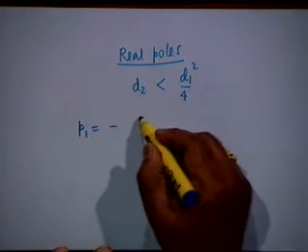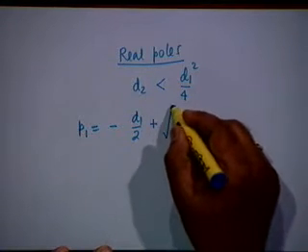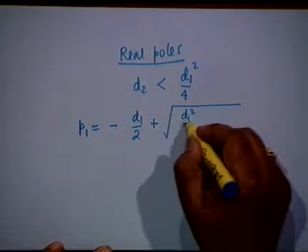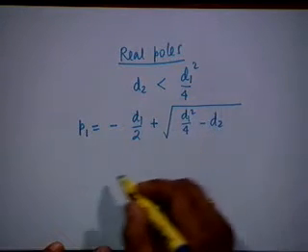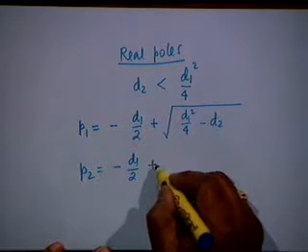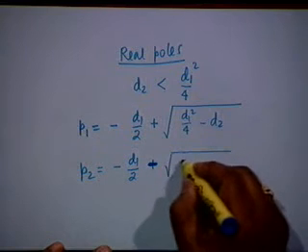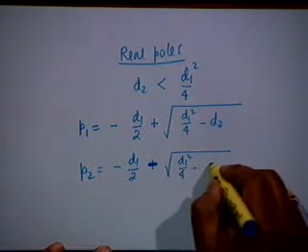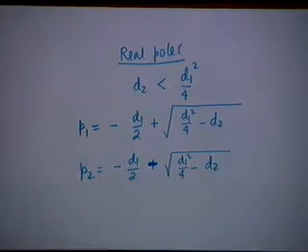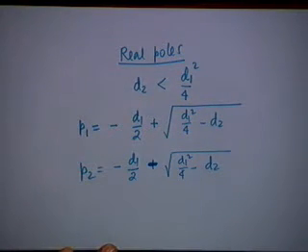P1, let us say this is equal to minus d1 by 2 plus square root of d1 square by 4 minus d2, and P2 is equal to minus d1 by 2 minus square root of d1 square by 4 minus d2. Agreed? We want, since these are real, we want their mod to be less than 1 for stability.